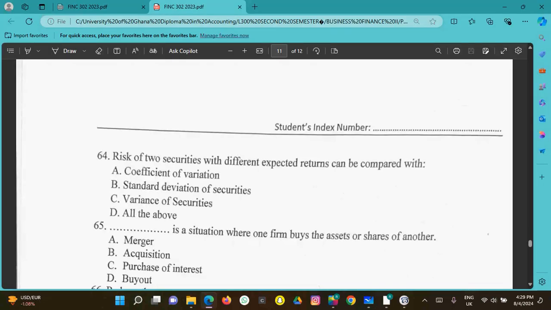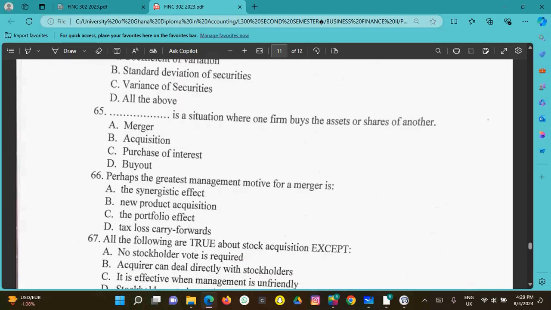65. Dash is a situation where one firm buys assets or shares of another. Please put the answer in the comment section. We know this already. The answer is B, acquisition.